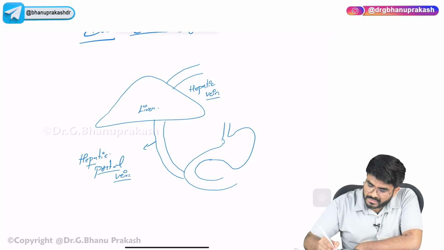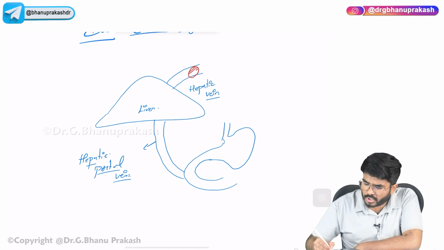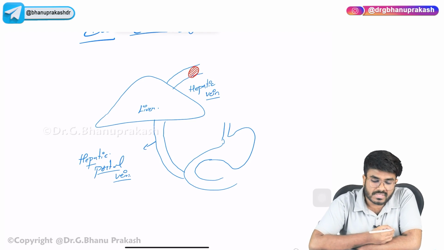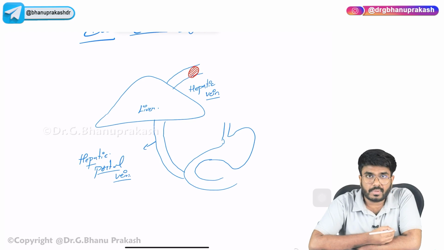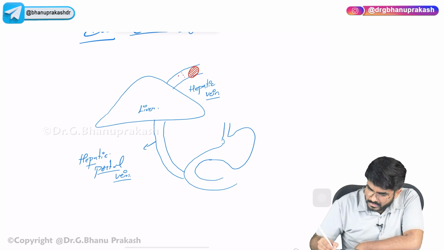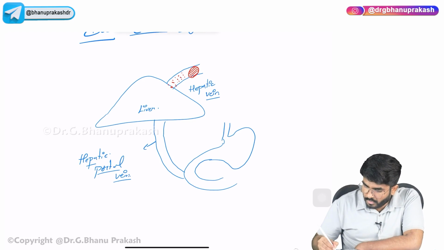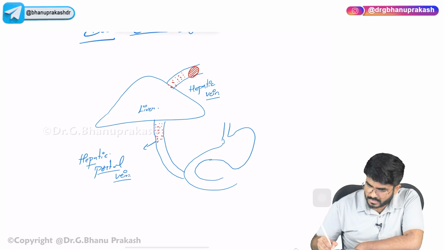Now if this hepatic vein is blocked, there is hepatic vein thrombosis. What happens? Congestion will happen. Now the blood cannot move forward. What happened to the portal pressure? The portal pressure also increases. The pressure in the hepatic portal vein increases.